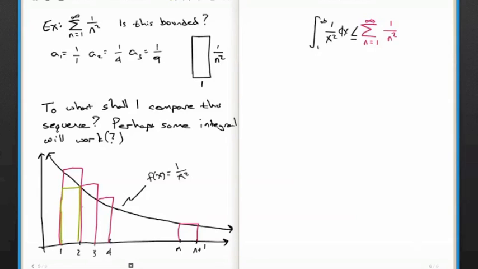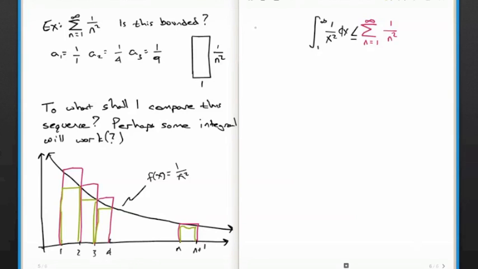Starting with 1 over 2 squared, and then multiply that by 1, and then the same deal: the next one would be 3, the next one would be 4, and the corresponding one out here would be all the way out to n plus 1. So I've got a smaller rectangle that goes there.